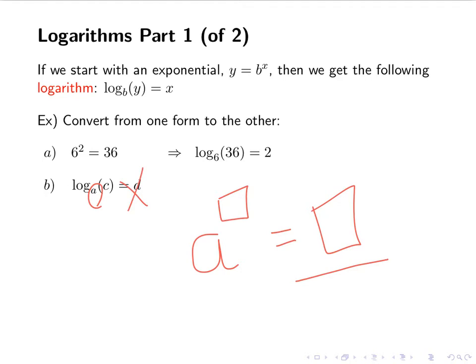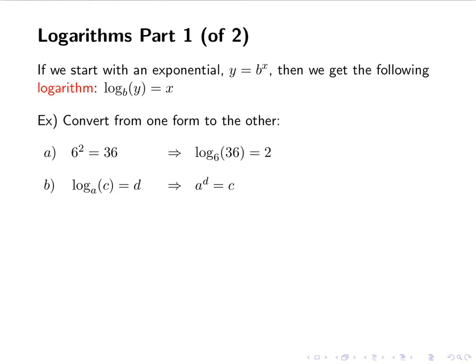Since my log equaled d, my exponential cannot also equal d. So what goes in the equal sign has to be the other piece, which is the c. The log is the exponent. The log is d, so d goes in the exponent. So a to the d equals c.